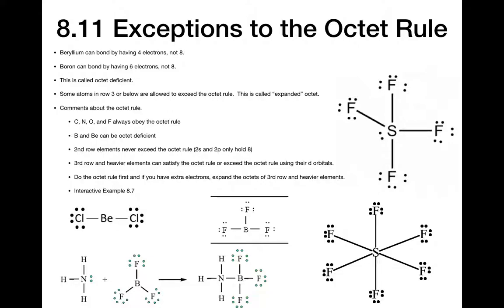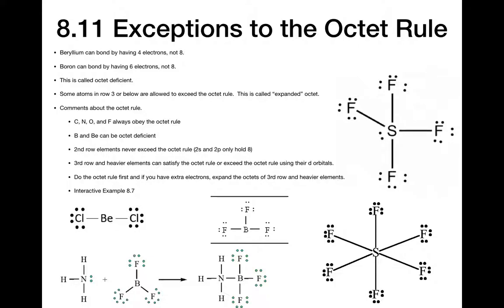And the second row elements cannot go over 8 because the second energy level has 2s and 2p, which can only hold 8 electrons. However, when you get to the third row and heavier, you can actually satisfy the octet rule or exceed the octet rule, because the third row elements have d orbitals with space in them. And so by using d orbitals, we can actually expand the octet rule for the third row and heavier.